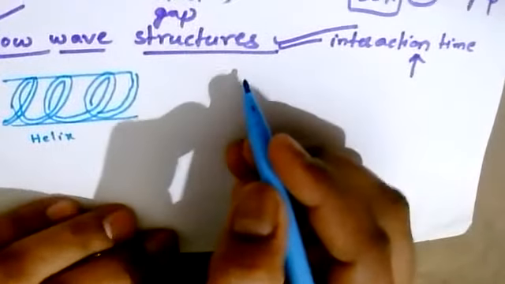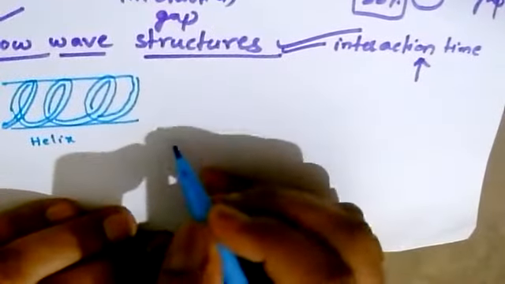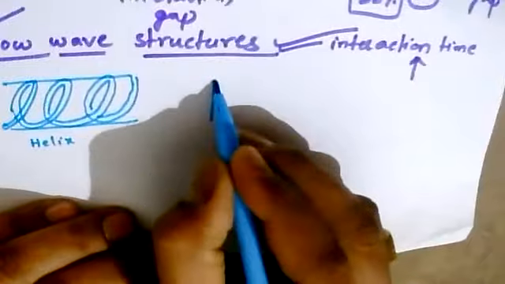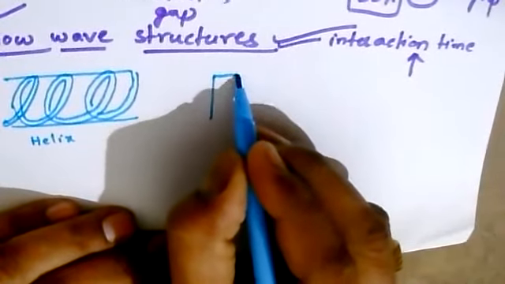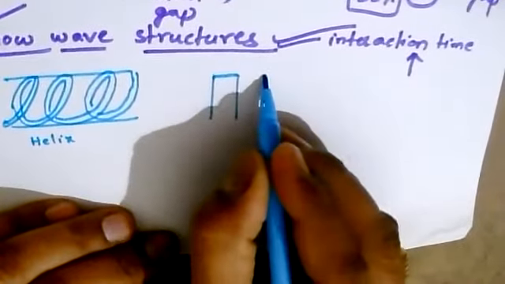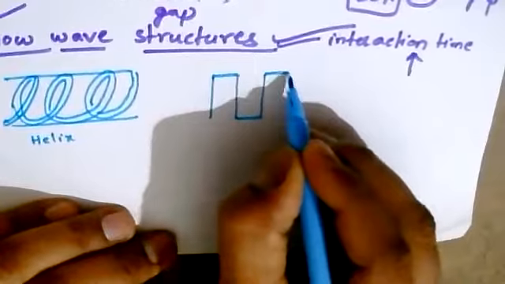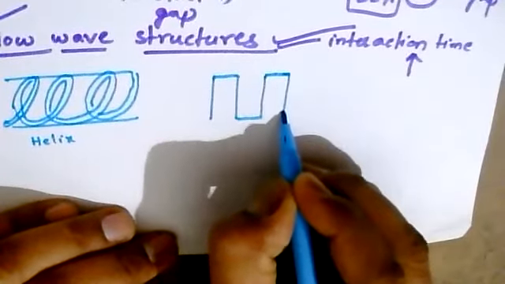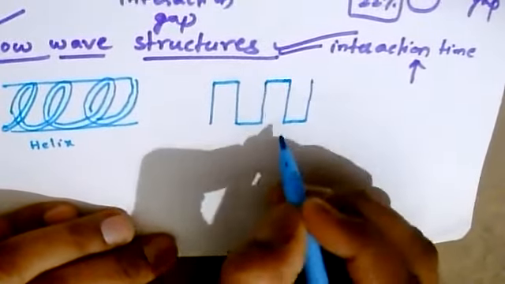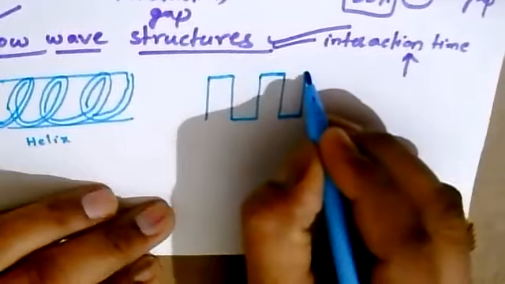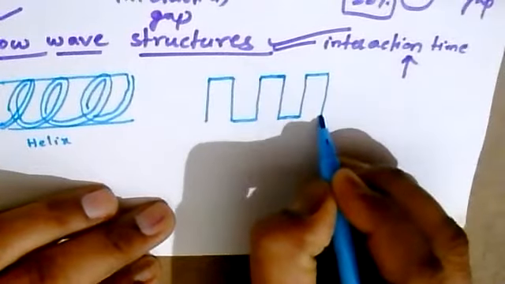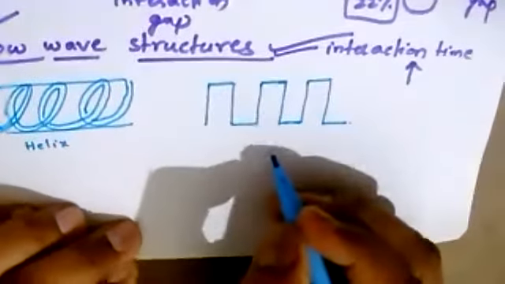Okay, it's a helix, and we have other structures also, where we can take a structure made in this particular shape, which is called a folded back line.